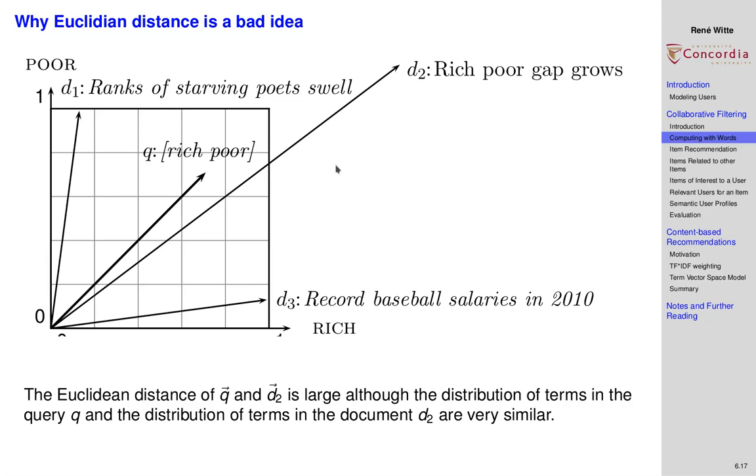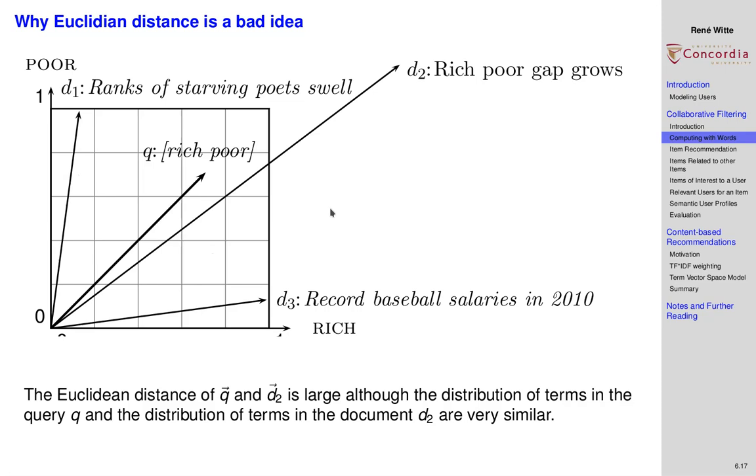So if you think about what else you could use instead of the distance in the vector space, you would probably at one point come to the idea that you could look at the angle between the different vectors. So you have an angle between these two, an angle between these two, and these two here as well.